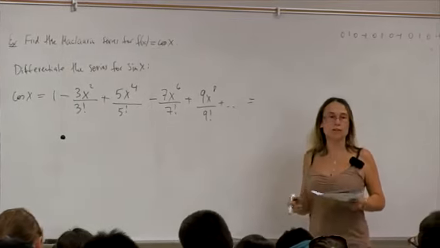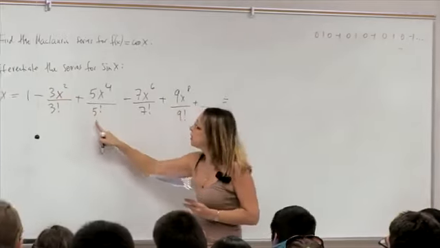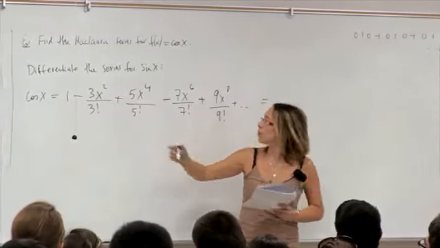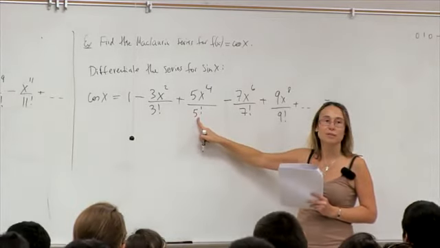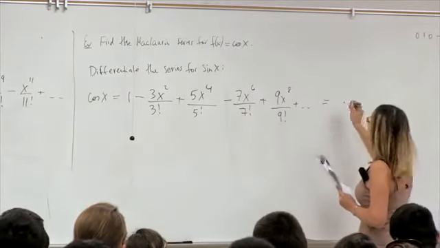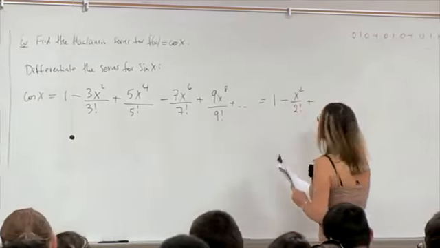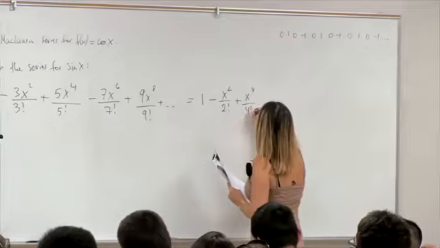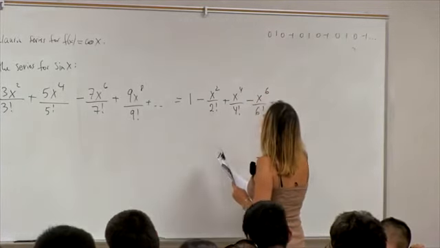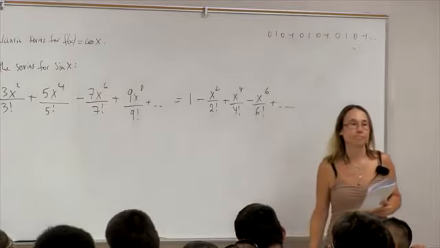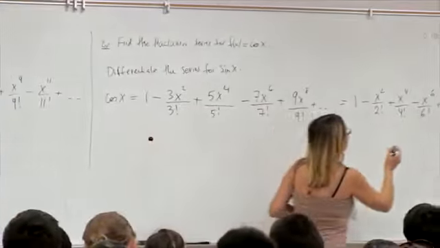And you can see that we have a nice cancellation. You have 3 factorial divided by 3, 5 factorial divided by 5. So what can I replace it with? This is just what? 4 factorial, right? So I have 1 minus x squared over 2 factorial plus x to the 4th over 4 factorial, minus x to the 6th over 6 factorial, and so on. Okay, so now we only have even powers.